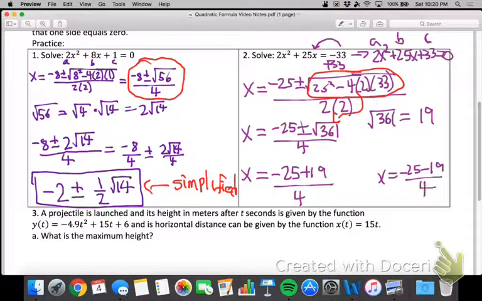Both of these can now be simplified into a single rational number. Negative 25 plus 19 over 4 will simplify to... oh no, 3 halves. That one goes to negative 3 halves.